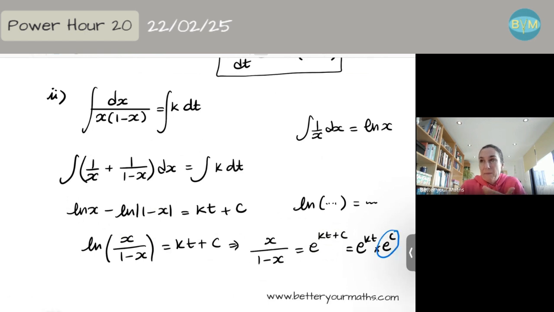Because e to the power of c, when we don't know c, we can call it another constant. Let's call it a, so we don't get confused. So your model would be x divided by 1 minus x is a e to the power of kt.